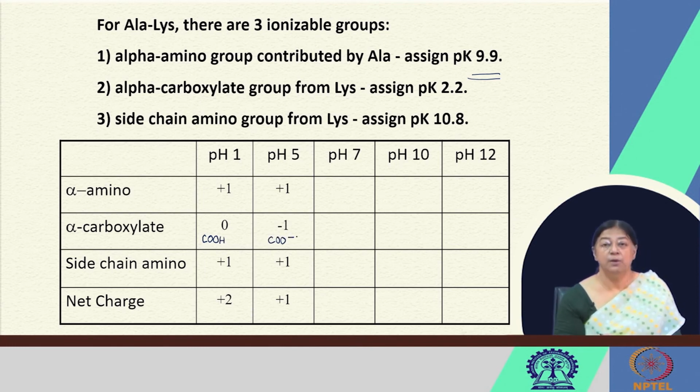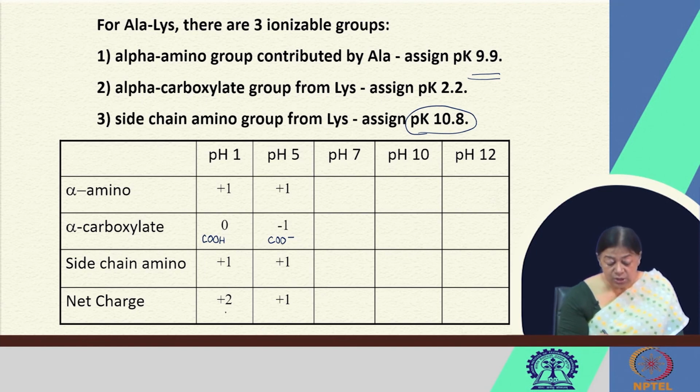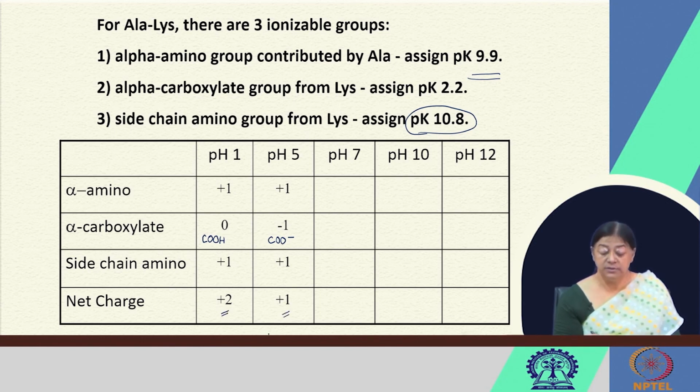So, the charge is now -1. The side chain amino group is going to be lost at 10.8. So, we still retain the +1. So, the net charge at pH 1 was +2. The net charge at pH 5 is now +1. So, now let us proceed with the titration and see what happens at pH 7.